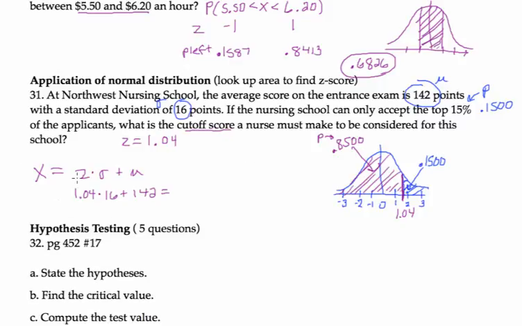So I plug my numbers in, my z-score, my standard deviation, and my mean, and I get 158.6-ish. And that kind of makes sense. There was my average score, and I have to get this score to be in the top 15%. That's the lowest I can get to be in the top 15%.